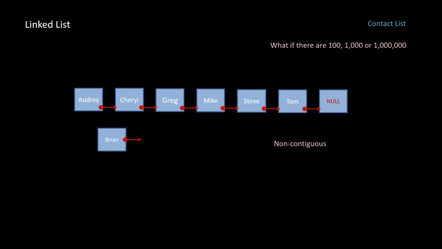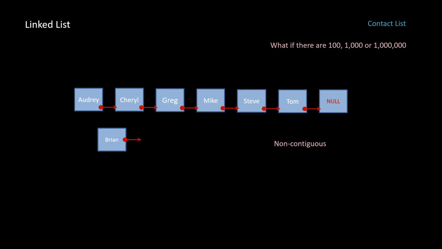It means that all throughout your memory inside your computer, Audrey could be addressed at one location. Greg could be addressed at a completely different location somewhere else. Steve, again, would be at a very different memory address in your computer. So it's not contiguous like an array or a vector.